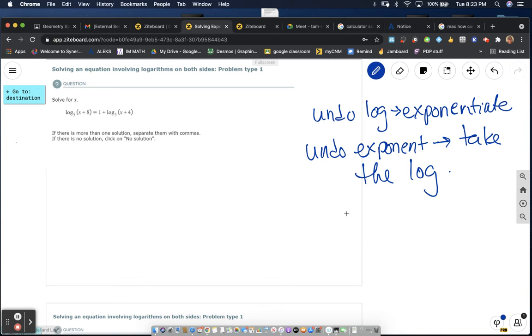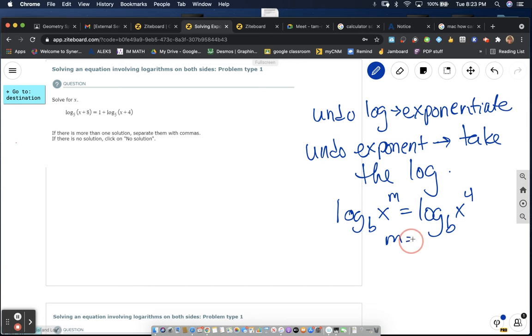A lot of this has to do with just manipulating it so we can use those 3 rules we learned this morning: how you multiply logs, divide logs, and bring down the exponent. That's going to prove very useful. The other cool little trick: if you have log base b of x to the m, and that's equal to log base b of x to the 4th, you can equate m and 4 because all of this is the same.